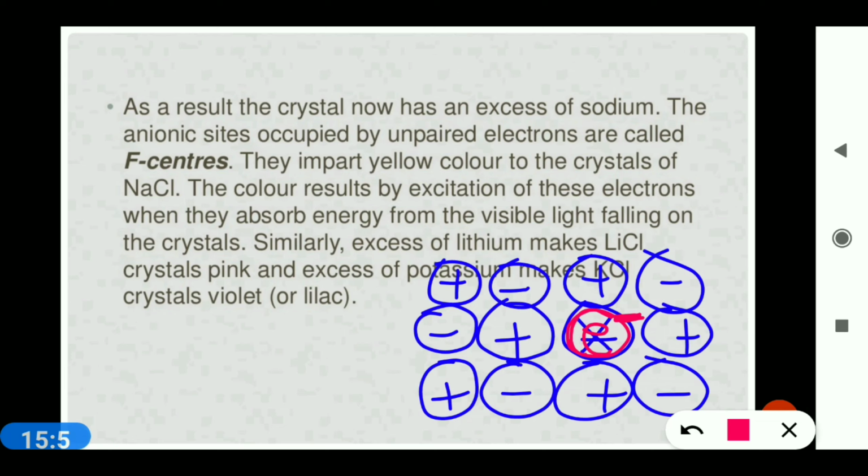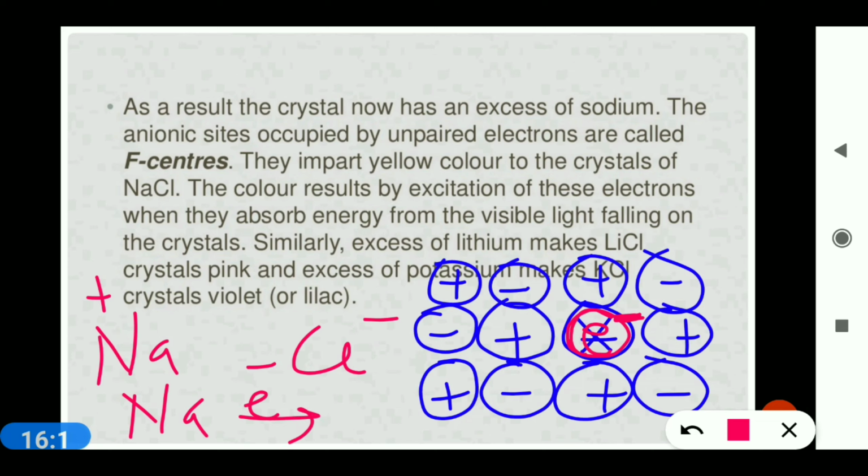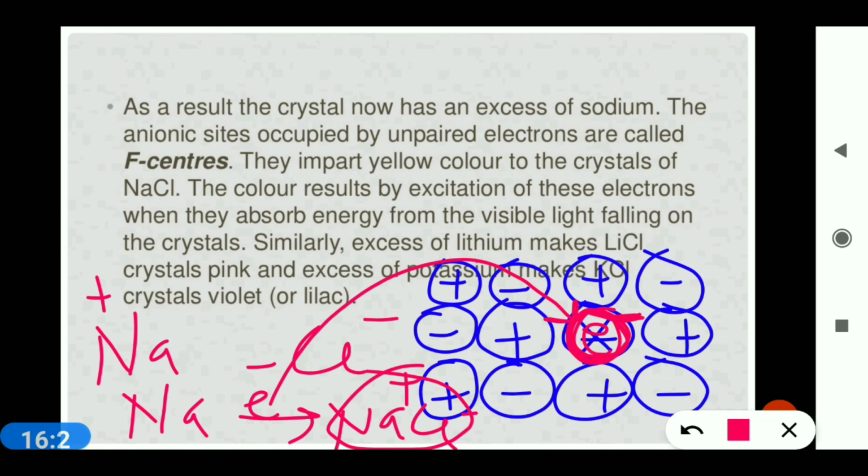And how does this electron come? For example, the positive charge is Na+ and the negative charge is Cl-. If the vapors of Na come, then there is removal of an electron, it forms Na+ and combines with Cl-. So Cl from here, the red spot, will move away to form NaCl, and this electron will enter the crystal.